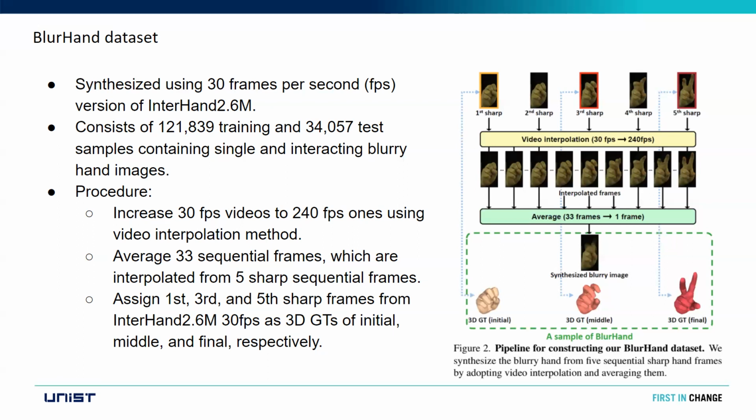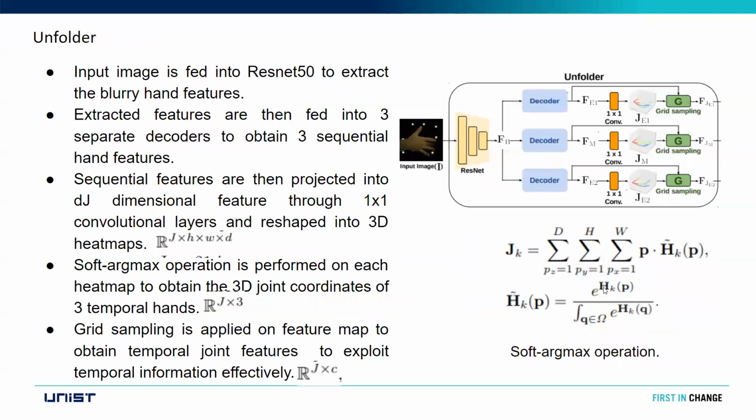So they want to predict the initial, the final, and the middle: the initial part of the motion, the middle of the motion, and the ending part of the motion. So that's why they have 3 features, to find the initial, middle, and ending.